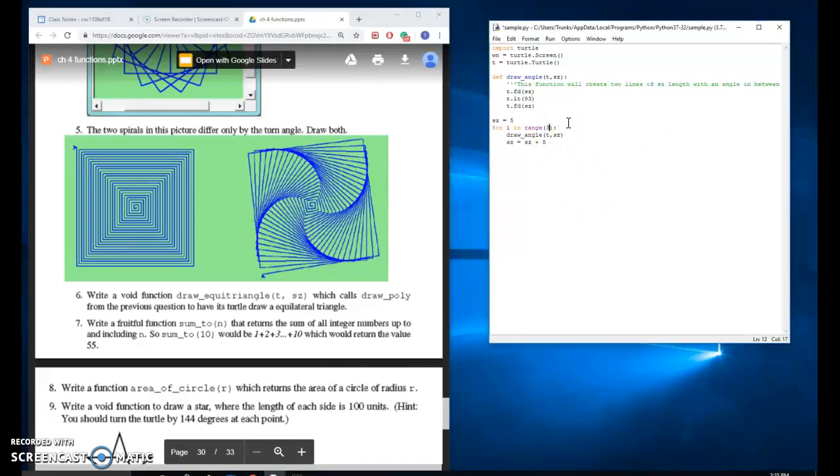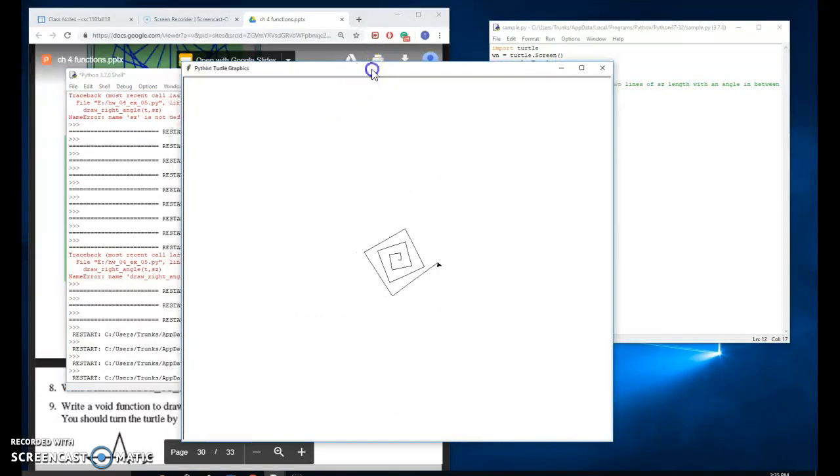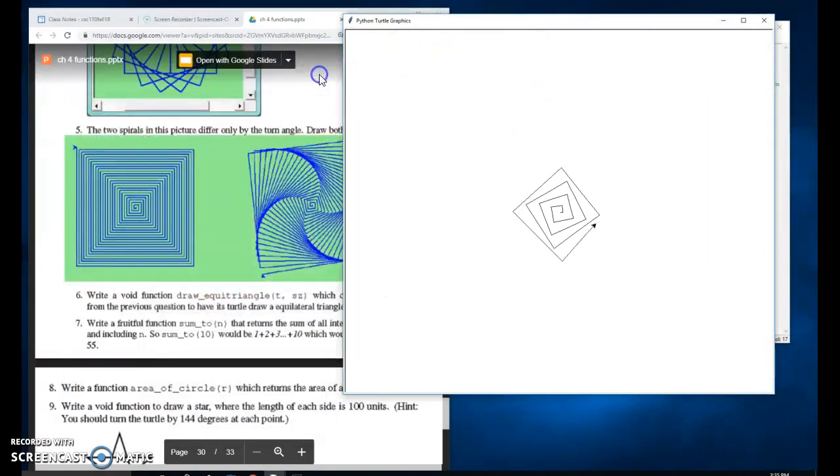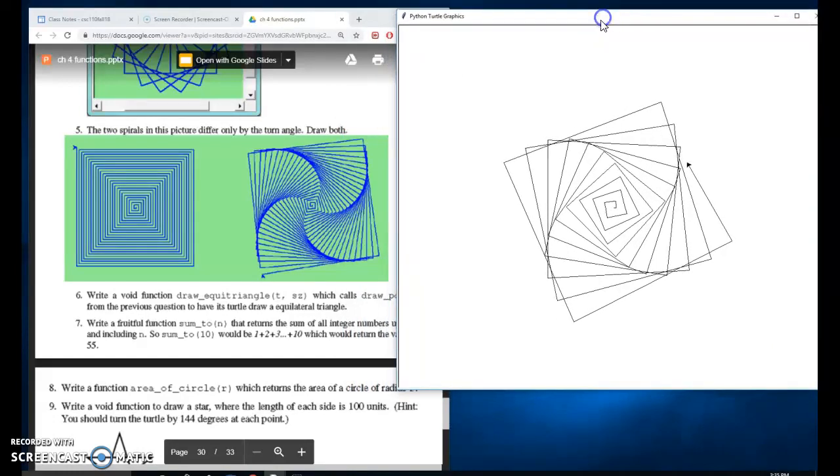Let's do 40 loops, just to make it look nicer. Yeah, that's good enough. Looks better than the previous ones.